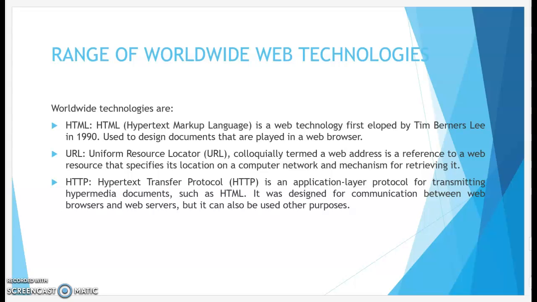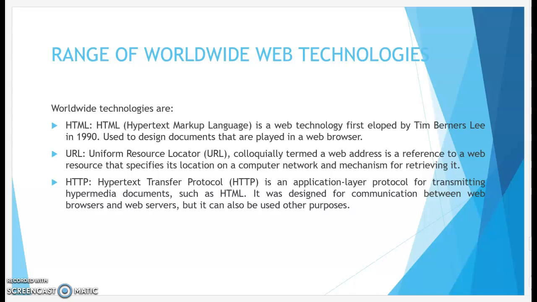URL, Uniform Resource Locator, colloquially termed a web address, is a reference to a web resource that specifies its location on a computer network and a mechanism for retrieving it. HTTP, Hypertext Transfer Protocol, is an application layer protocol for transmitting hypermedia documents such as HTML.